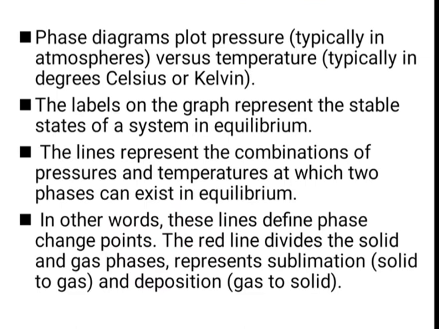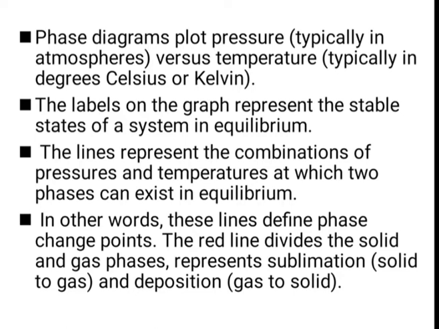Now, we will see the phase diagrams. It's a plot of pressure versus temperature. The pressure is typically in atmosphere and the temperature is in Celsius or Kelvin, and the labels on the graph represent the stable states of a system in equilibrium, that is solid, liquid and gaseous phases.